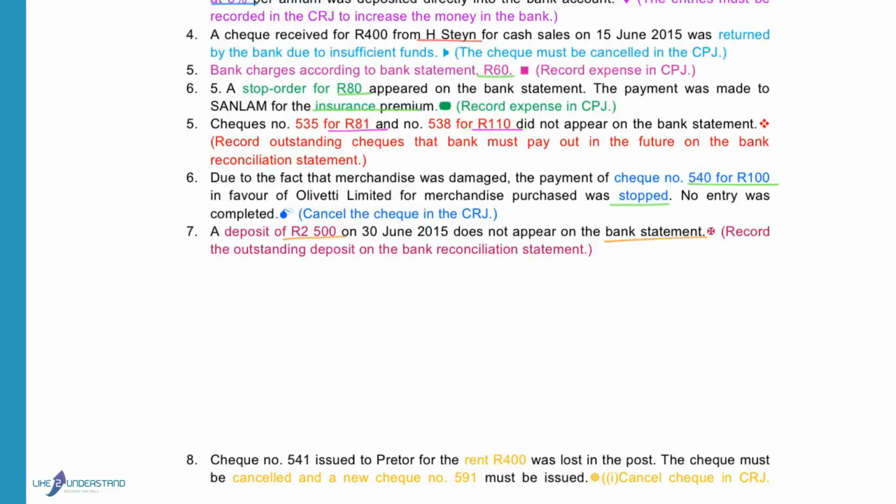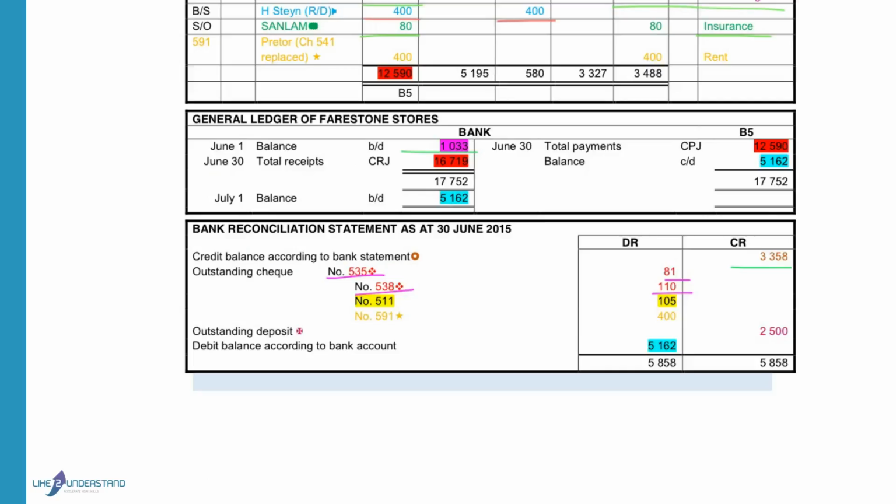So they will only show this deposit in the coming month, and therefore we have to show in the bank reconciliation statement an outstanding deposit at the beginning of July. And the outstanding deposit will be entered on the credit side of the bank reconciliation statement to indicate that the bank will enter this 2,500 as a deposit during July 2015.